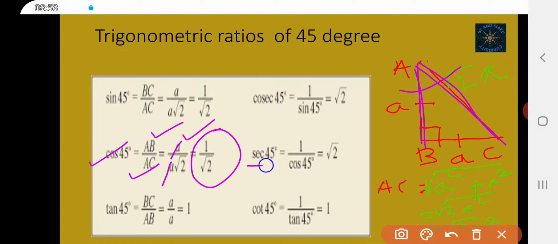So sec 45 degree, you know the reciprocal of cos 45 degree. So sec 45 degree is equal to reciprocal of this, which is root 2. So sec 45 degree is equal to root 2.